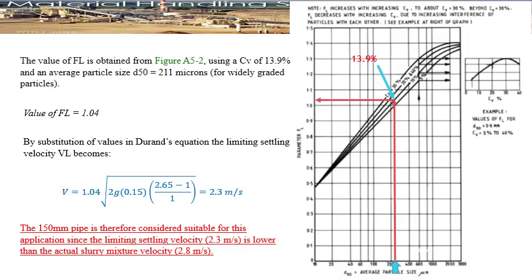So this is the only condition where we can have suitability for the pipe: if the limiting velocity is less than the actual slurry mixture velocity. Otherwise, you would say that this pipe is not suitable. That means in the case where VL is more than the actual velocity.